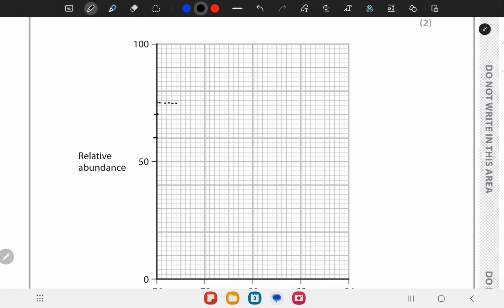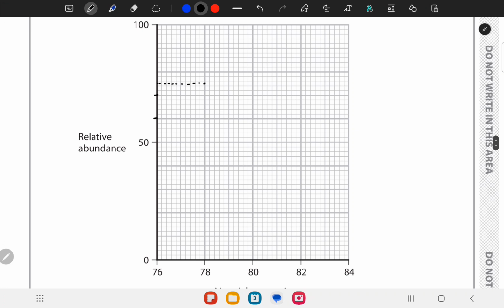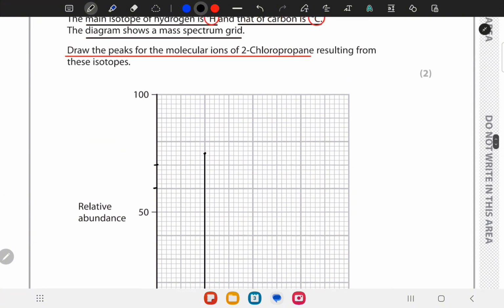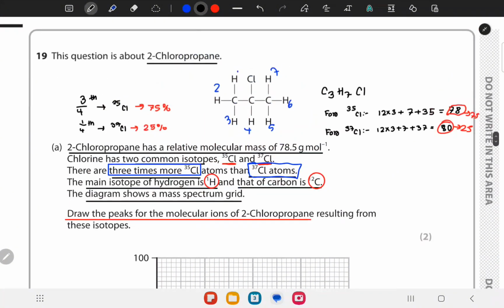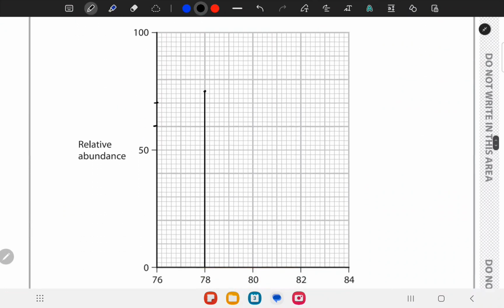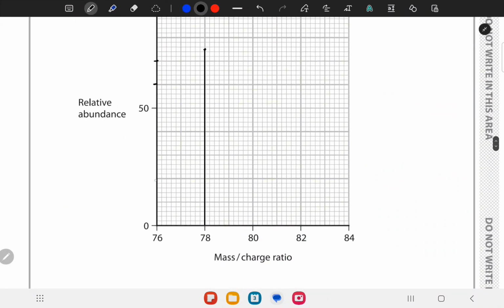Somewhere over here is 75. So that's our peak over here. And for the peak of 80, this is 10, this is 20. Somewhere over here we'll have 25.